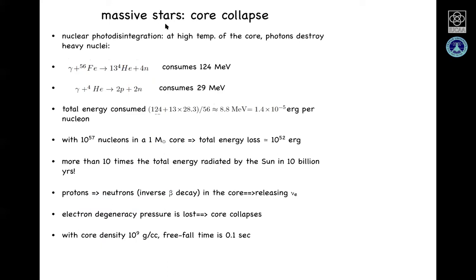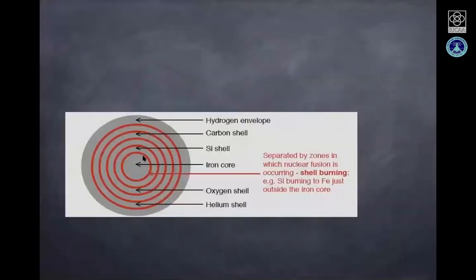By the time this has happened, the core has become an iron core, and the nuclear fusion reaction has stopped in the core. The whole star is going to collapse because radiation is not being produced.